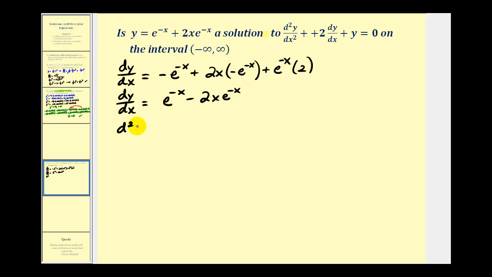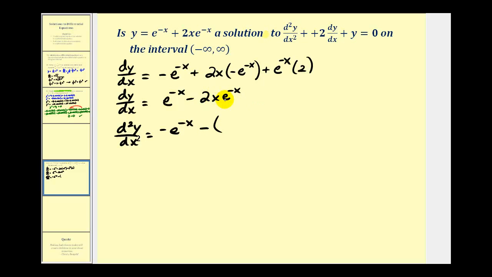So the second derivative of y with respect to x will equal the derivative of e to the negative x, which we saw above is e to the negative x times negative 1, or just negative e to the negative x, minus, and then we'll have to apply the product rule with the chain rule to find the derivative of this term here.